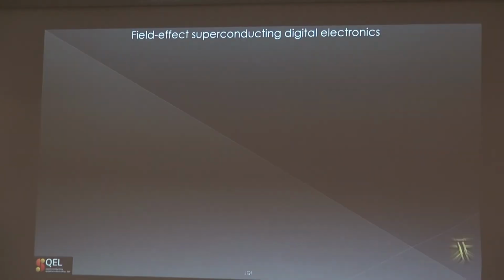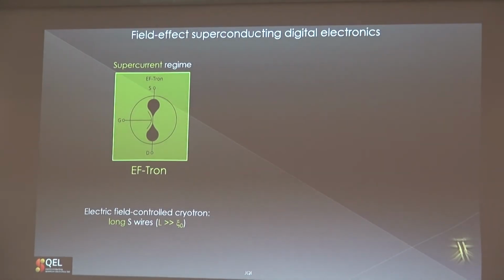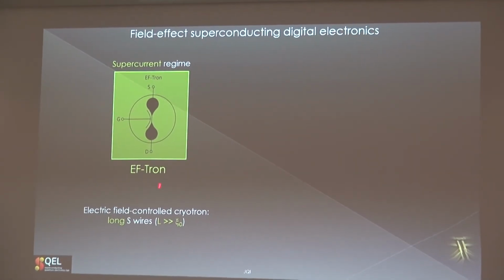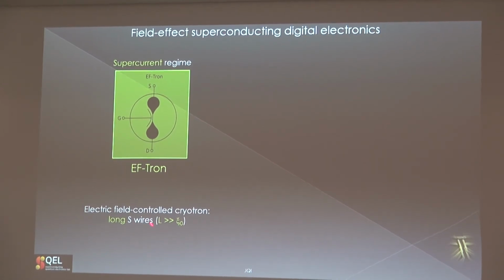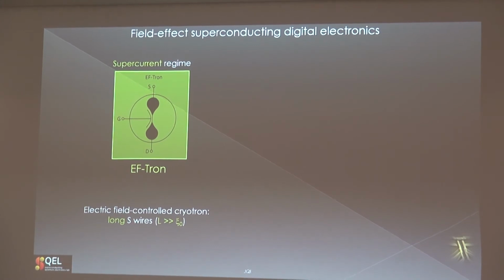Based on this, one could think to realize a sort of electric field controlled cryotron for long wires, when the length is much larger than the coherence length. For very long wires, one can make an electric field controlled cryotron.